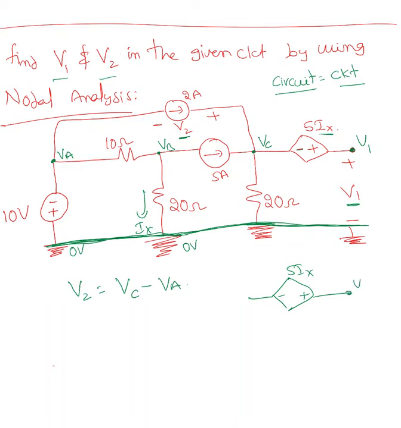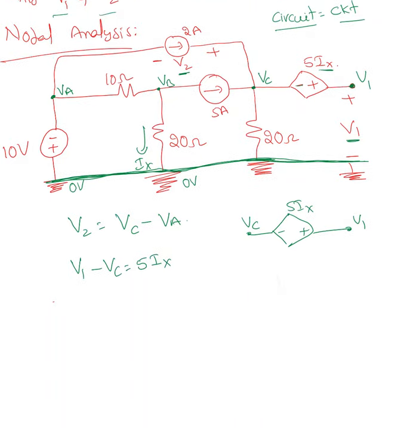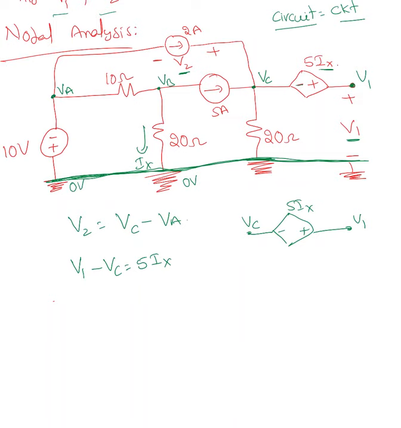Okay, now that's V1, that's VC. So can I say V1 minus VC equal to 5Ix. Okay, what about Ix there? So let me simply write V1 equal to 5Ix plus VC.